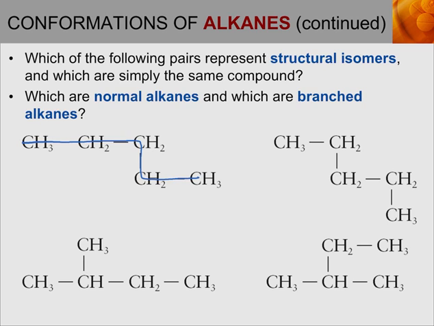As you can see with this first one, initially it kind of looked like a branched alkane, right? But I was able to draw a line through all of the carbons without having to stop and move my pen. So that would be a normal alkane.